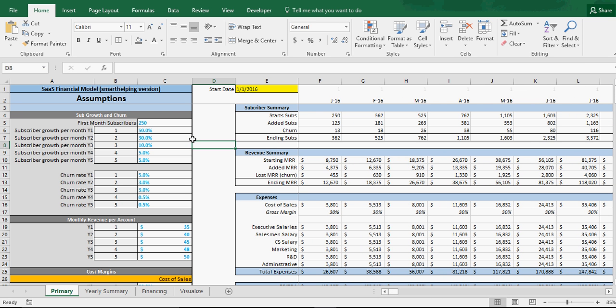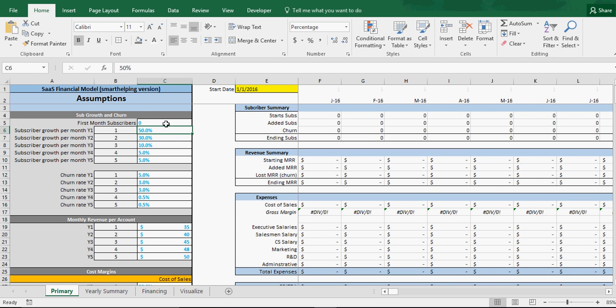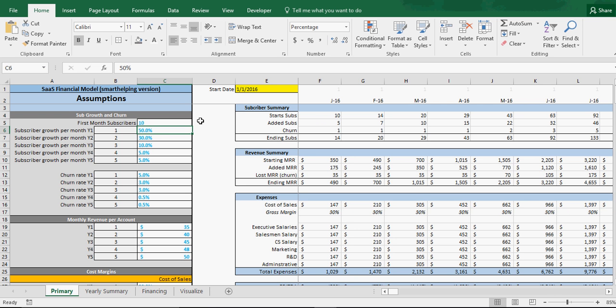So that's pretty basic. There's nothing really new or innovative about how I've set that up. It's just a pretty clean and simple measure. You can have your subs start at 0 if you want, or you can put your starting subs for your first month at 10, 50, whatever, and it'll update.